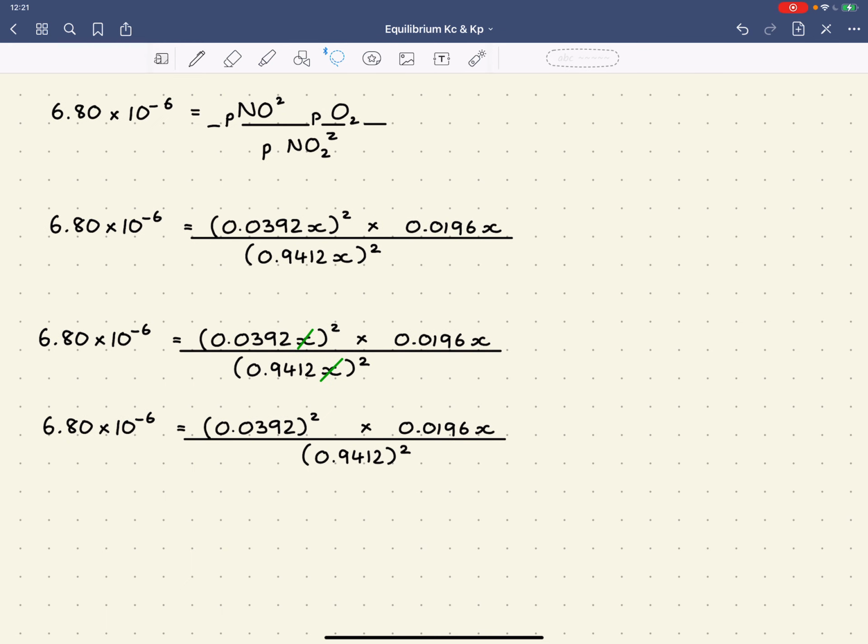Now, my advice would be to get these square terms and multiply them.